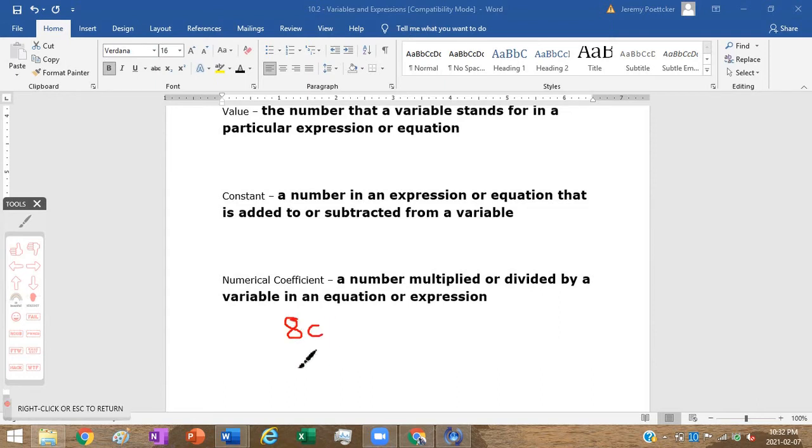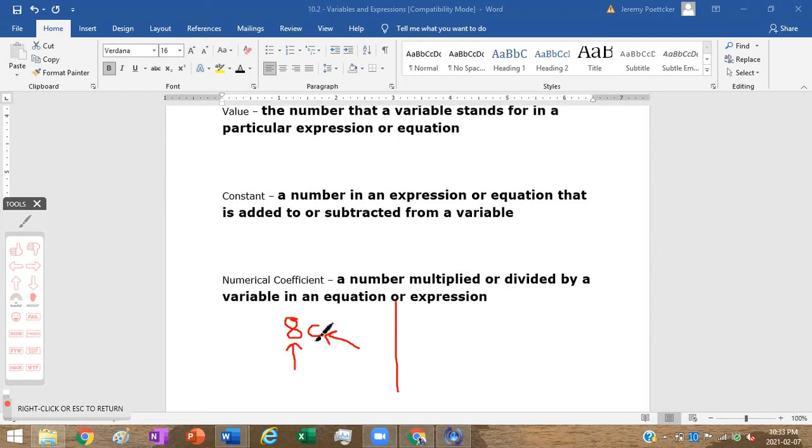And then, one thing that you might get asked to do at some point is, well, evaluate this expression of 8c when the value of c is, going back to our price before, $1.85.